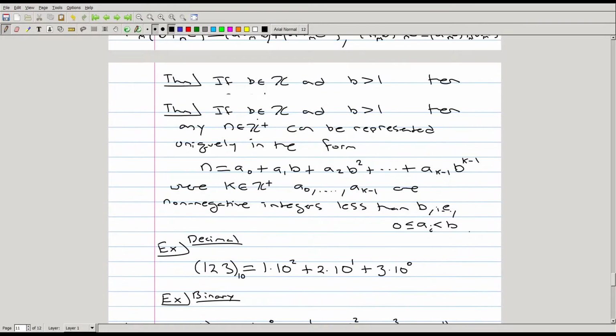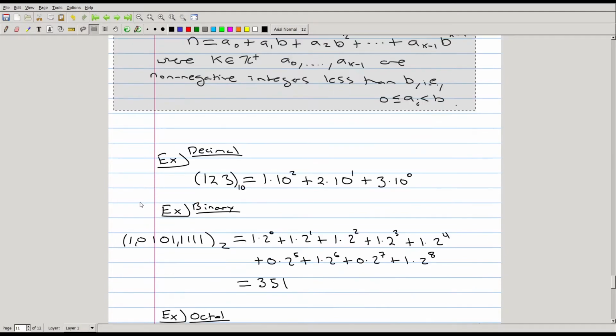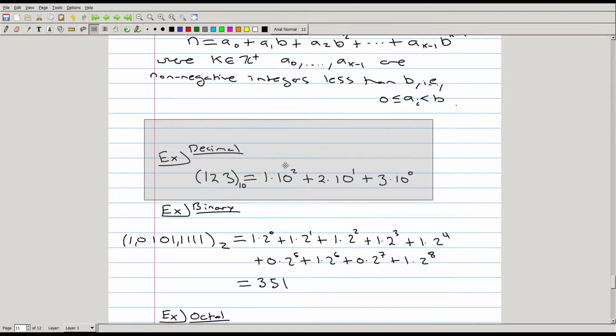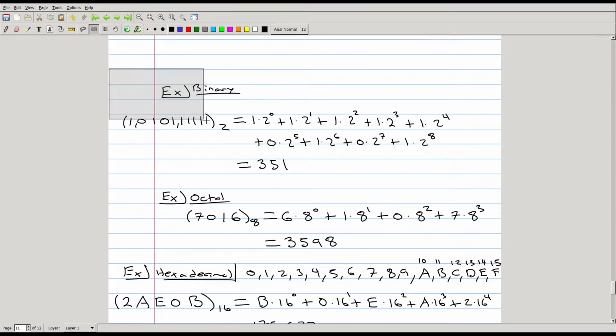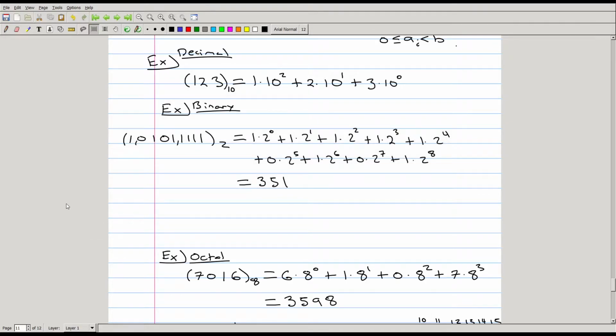Specifically, if we look at some of the examples that we did here, if you divide 351 by 2, you get that 351 is equal to 2 times 175 plus 1, and the first digit of this expansion is exactly equal to 1.